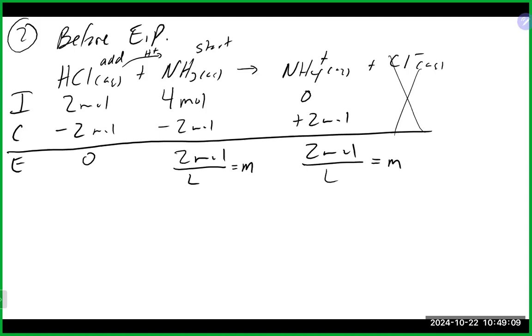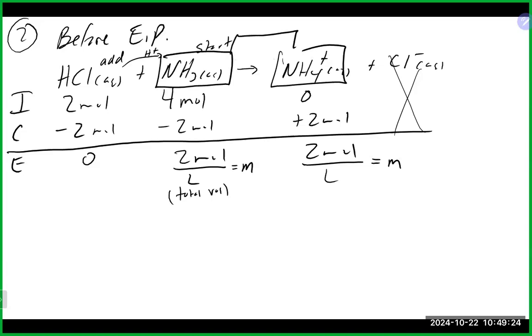And again, if you're not sure what's going on at this point, we can use our ICE table here to help us. At this point, we have ammonia and ammonium. These two guys are definitely related to each other. That's going to be a weak base and its conjugate acid, also better known as a buffer.